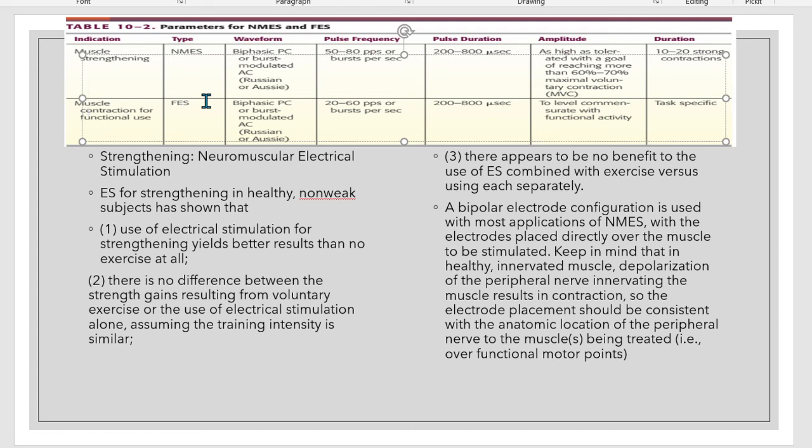So, makita nimo yung mga waveform, then the parameters, pulse frequency, pulse duration, for contraction, for functional use, lahi ang iyang parameters. So, makita nimo yung duration, task specific. When you say task specific, kung unsa ang task nga ipa-perform nimo niya. So, depende siya unsa ka dugay. Pag gunit sa baso, inom, pila man na siya ka seconds kaya nakainom siya nga nag-hold siya sa glass.